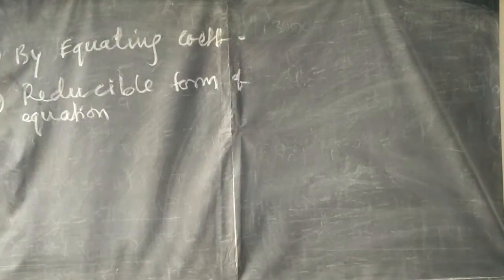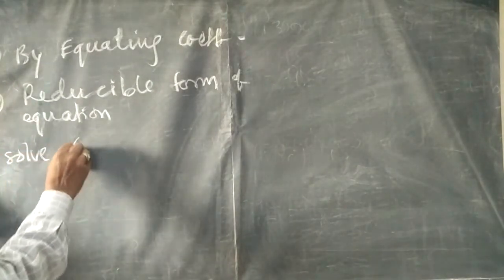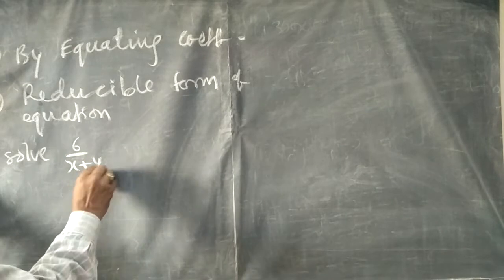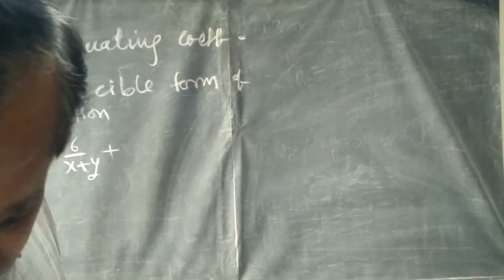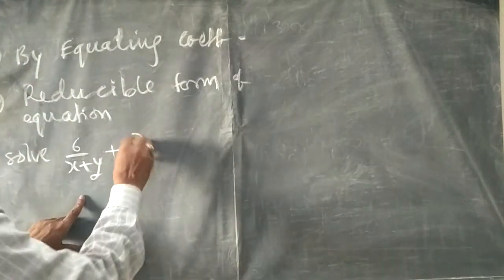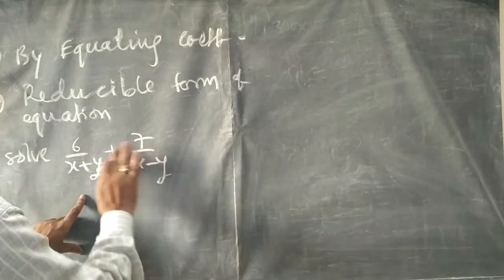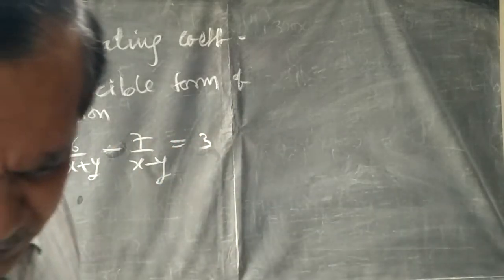I am taking one example, say: solve 6 upon x plus y plus 7 upon x minus y. Here it is minus 7 equal to 3. Okay.